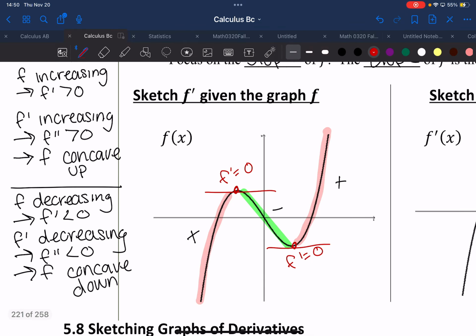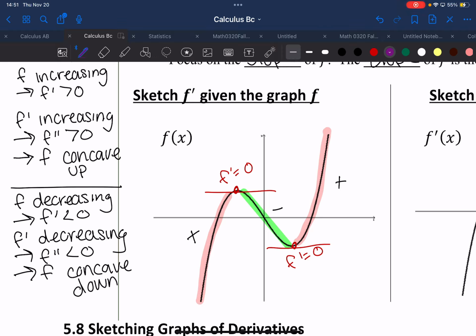Another thing I want us to look at is what type of parent function this would be. Cubic, right? So if we were asked to graph the derivative, what would be the derivative of a cubic function? A quadratic. Notice that our cubic function went positive, negative, positive, which means it's a positive cubic function. So our derivative would be a positive quadratic function.